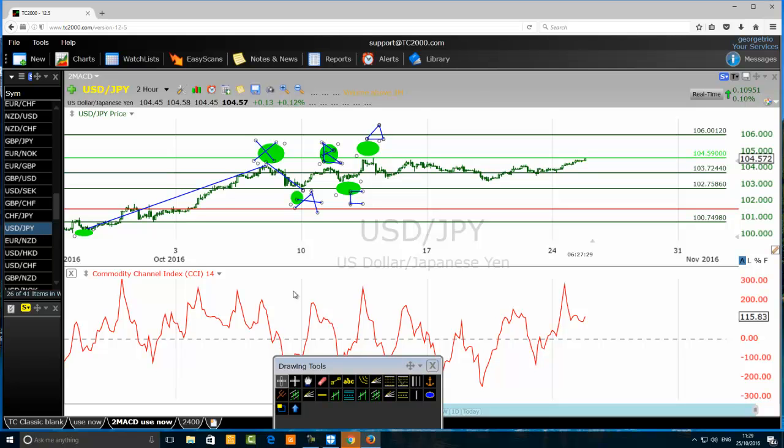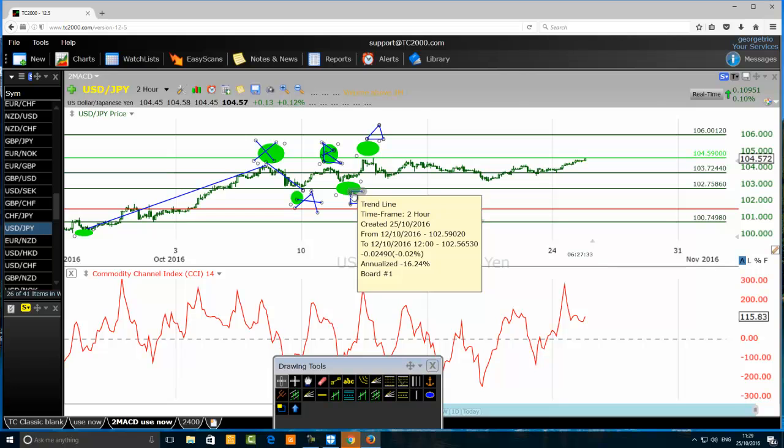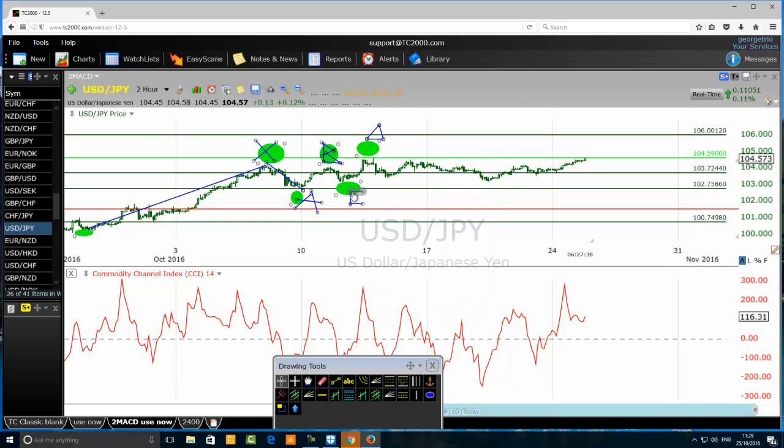I will not dwell on it. Any point B to C can be between 38.2% up to 88.6% Fibonacci retracement of AB.